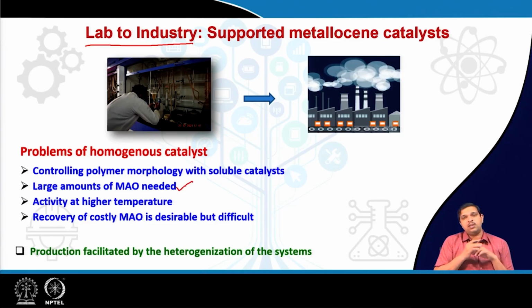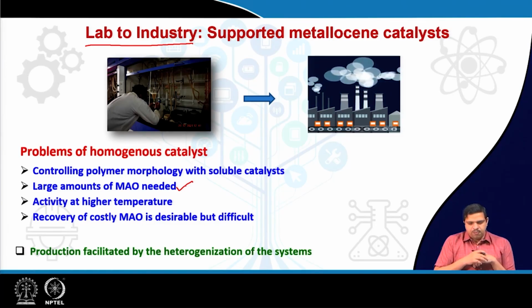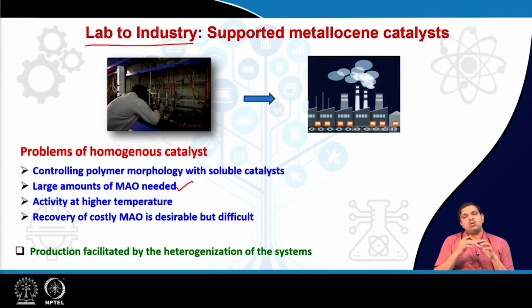We have already discussed that sometimes the MAO has to be taken 1000 times more, or sometimes 10 to the power 3 or 10 to the power 4 times more compared to the actual metallocene catalyst. So, the co-initiator has to be taken in a large excess. Recovery of the costly MAO and the metallocenes is very difficult because the process is not simple.